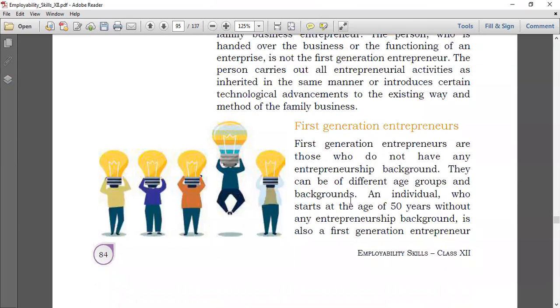Now there are categories in this too. First generation entrepreneurs are those who do not have an entrepreneurship background, right? So they are the ones who basically started the steps, right?